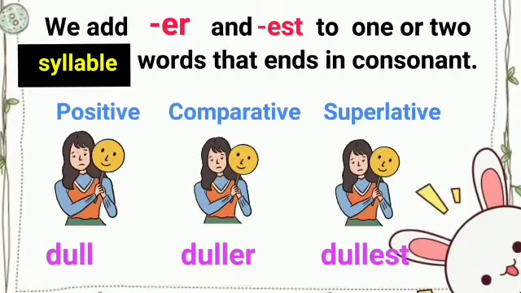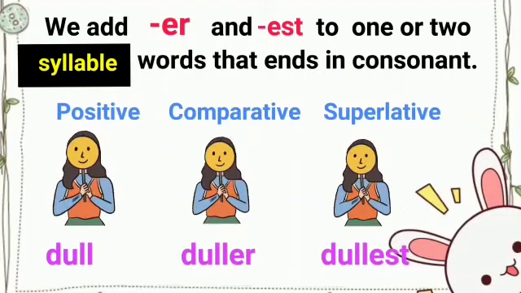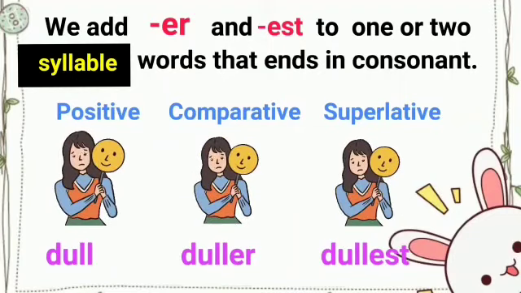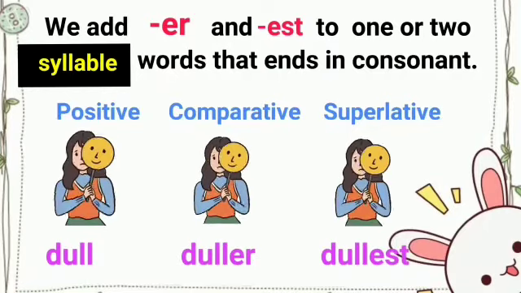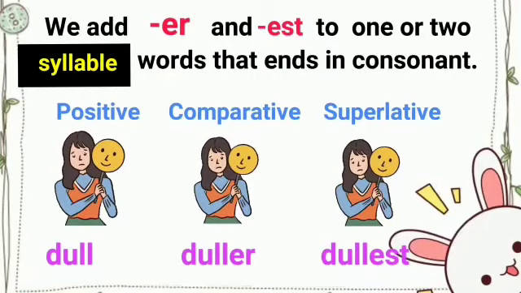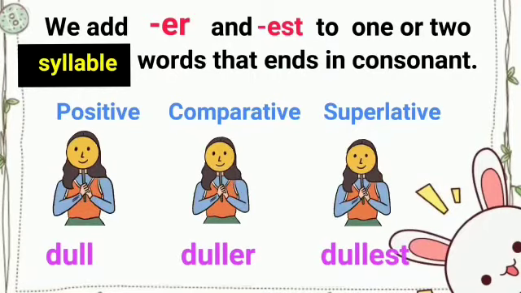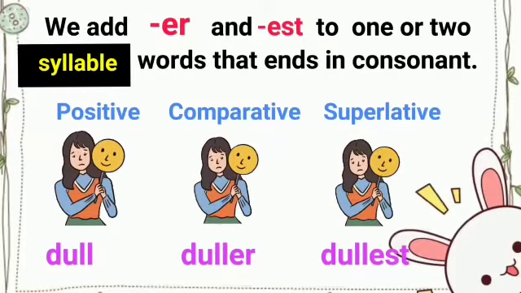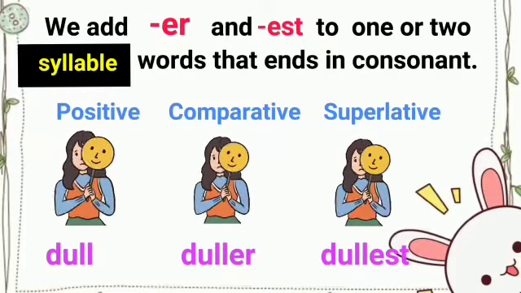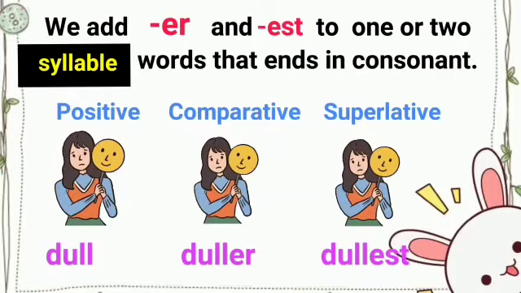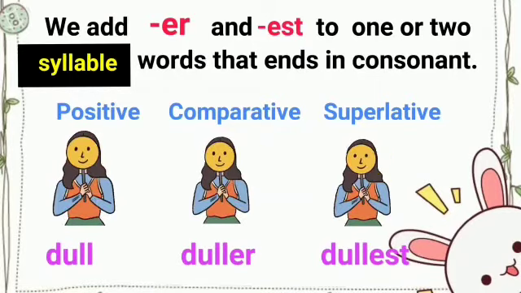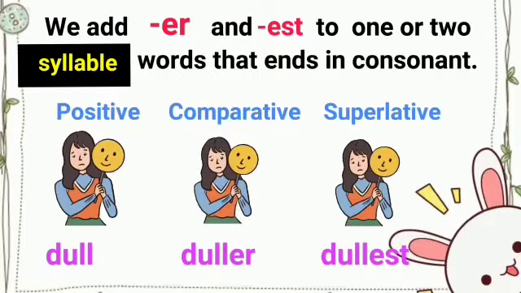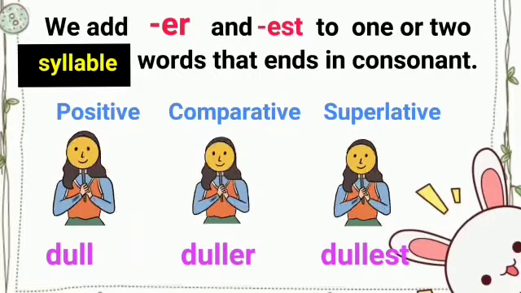Children, when we speak the spelling dull, it has u in it, that is a vowel, and we speak it in one flow. It has one syllable. Dull has one syllable and ends with a consonant, so we add er in comparative and est in superlative. So it will be dull, duller, dullest.